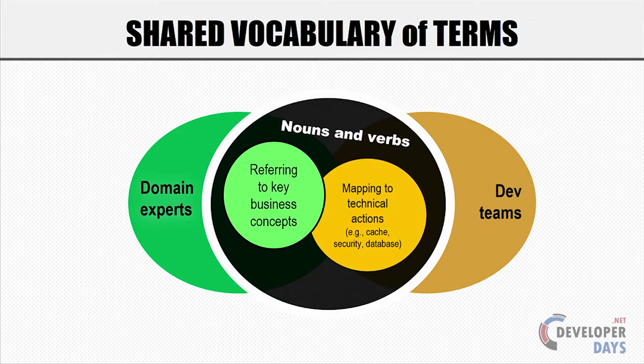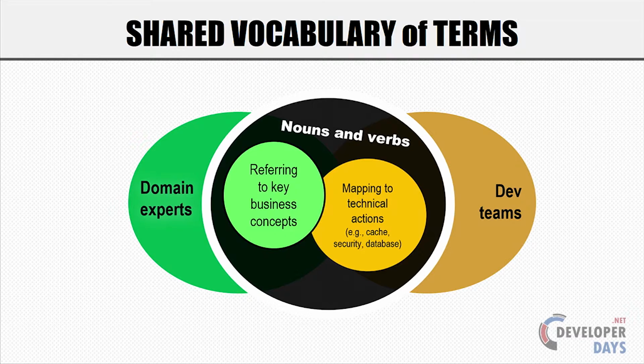Another point is the ubiquitous language is made of nouns and verbs. But nouns and verbs are linked together. I guess you might have been familiar in some moment of your life, especially as students, with the concept of grammars in languages and in programming languages.